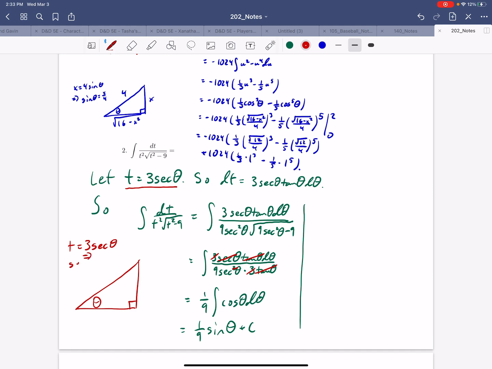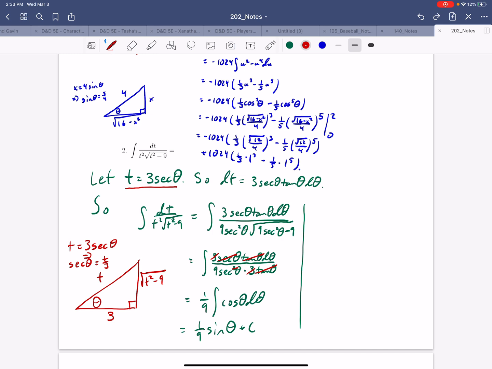That means that secant of theta equals t over 3. Well, secant is hypotenuse over adjacent. So I guess that means that here we're getting the square root of t squared minus 9, which again you might notice was the term that we had originally, why we needed to do the trig sub in the first place.